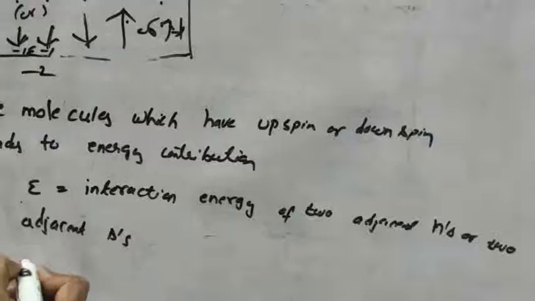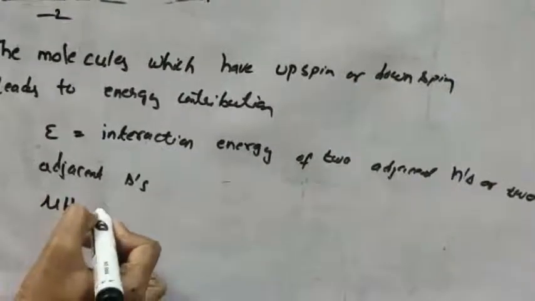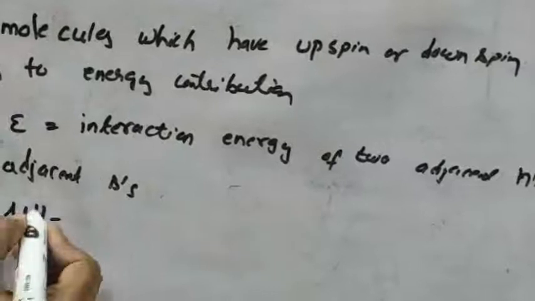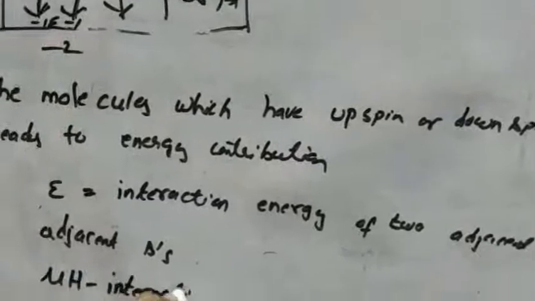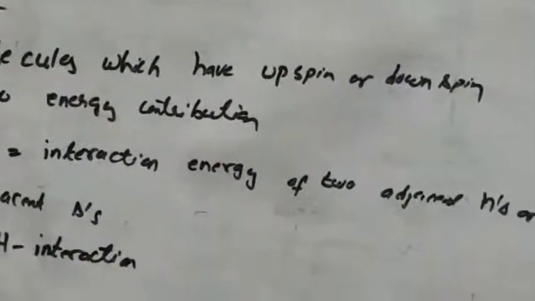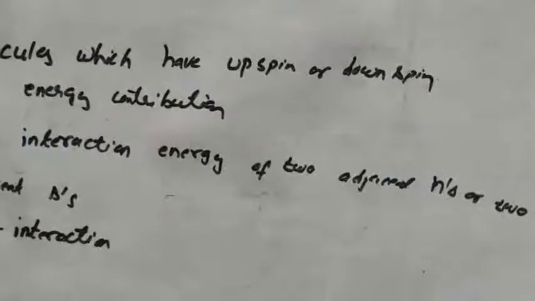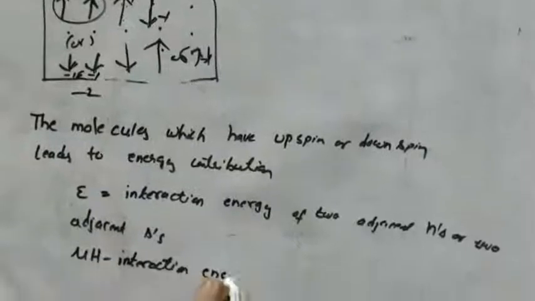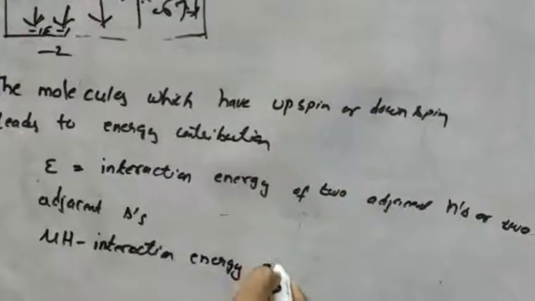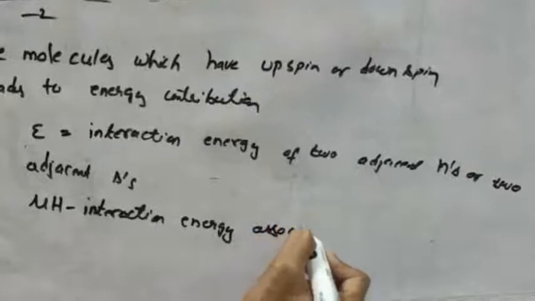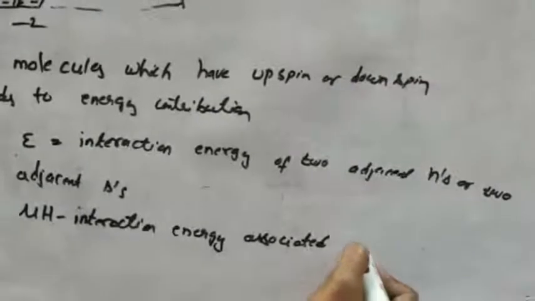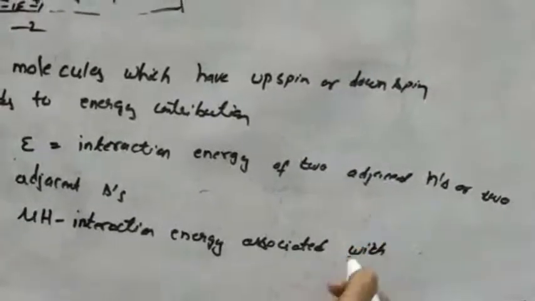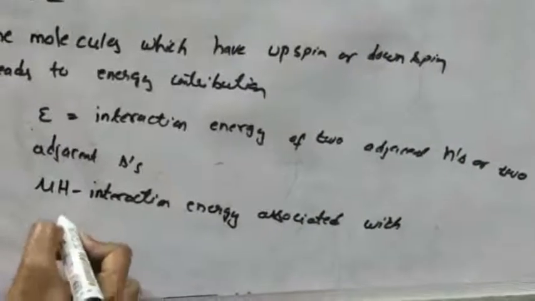And mu H also we have observed: the interaction energy in the presence of a magnetic field. Here mu H represents the interaction energy associated with the external magnetic field.